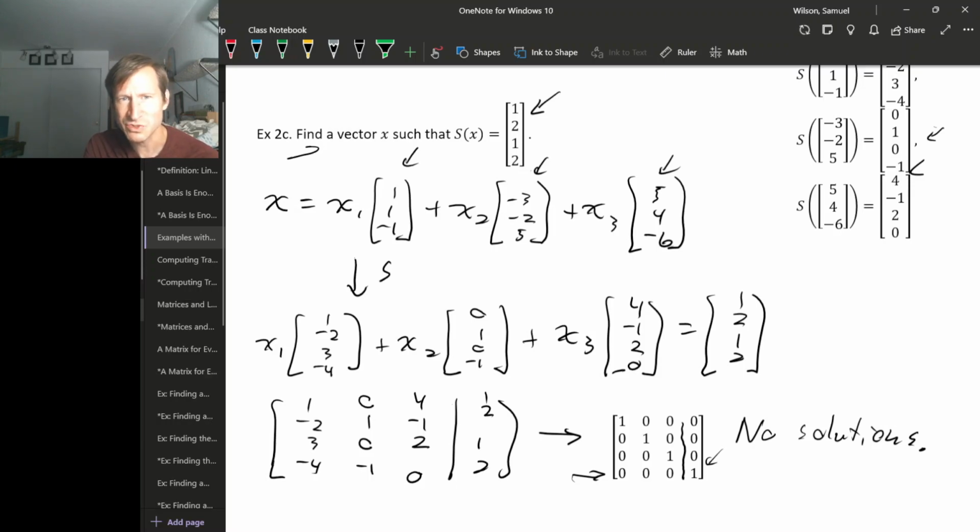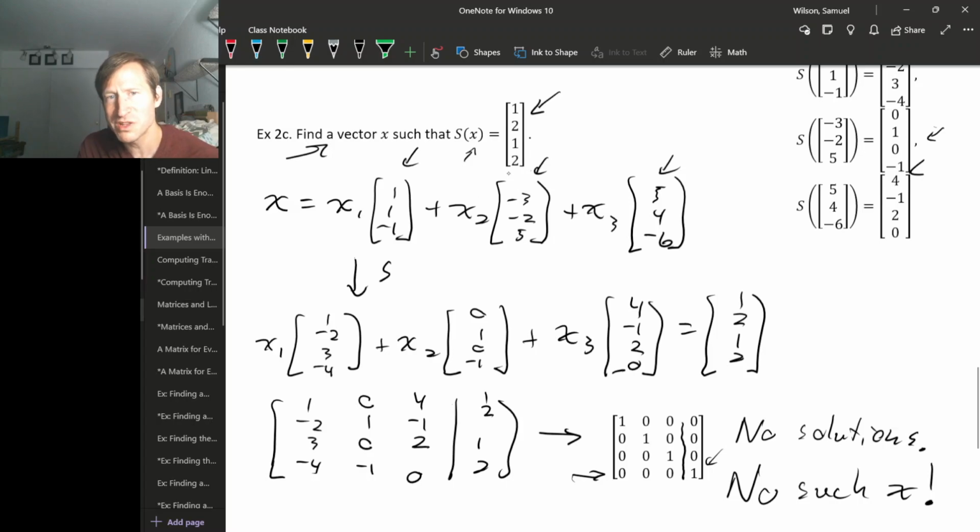The original question was to find a vector such that S of x is 1, 2, 1, 2. What we just found is that there's no such x. There is no vector that S sends to 1, 2, 1, 2. That's what this is saying.